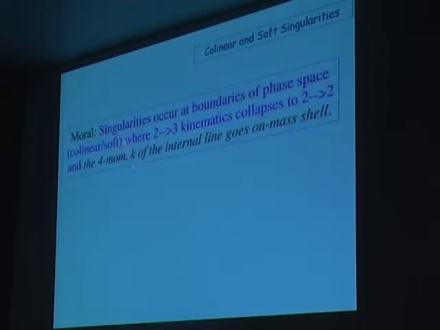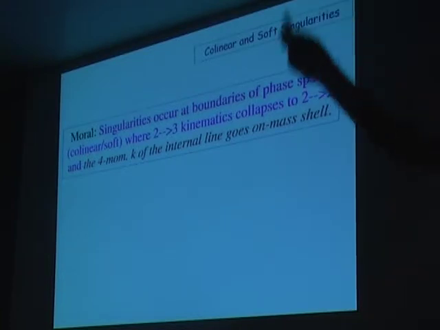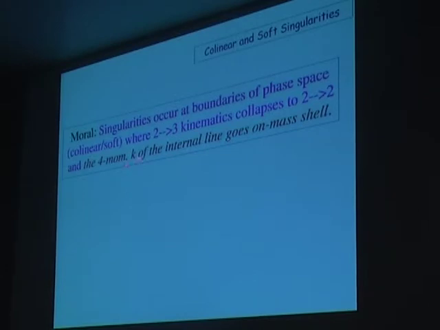So one thing we learn from this is that singularities occur at the boundaries of the phase space. What characterizes both the sides and the vertices is that at those points where it becomes singular, the 2 to 3 particle kinematics actually collapses into a 2 to 2 kinematics, back to back. Always back to back. It's under those circumstances you get divergences.